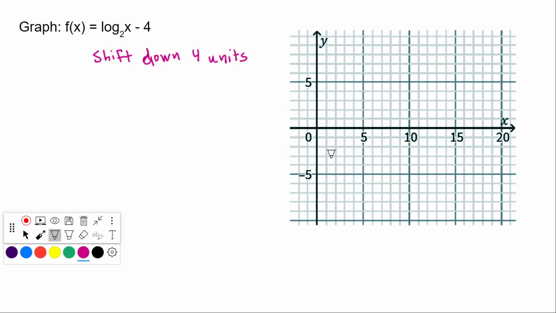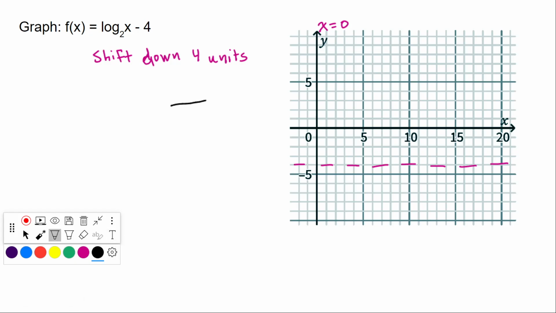So 1, 2, 3, 4. Our x-axis slides down. Now, it's not that the x-axis is actually sliding down, but this is what we're going to use as the transformation of the x-axis. Our vertical asymptote is still going to be the y-axis, or x equals 0 is our vertical asymptote.